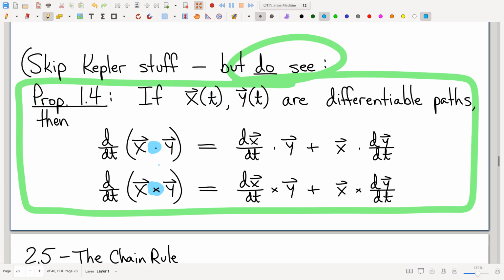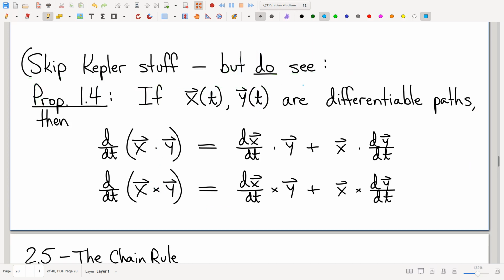Just break everything down into coordinates. x1, x2, x3, y1, y2, y3. And then you just crank out the dot product, take the derivative, use your old single variable calculus rules, in particular the single variable product rule, and reassemble, and you'll find you get exactly this. It's not deep water, but it is something you need to know.